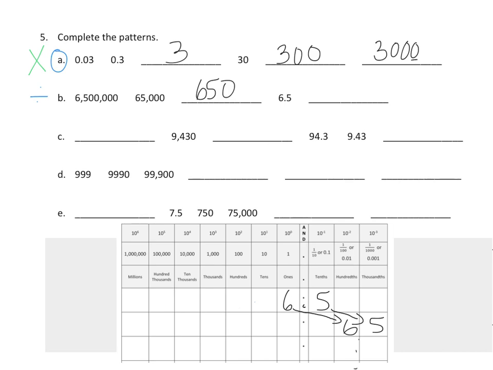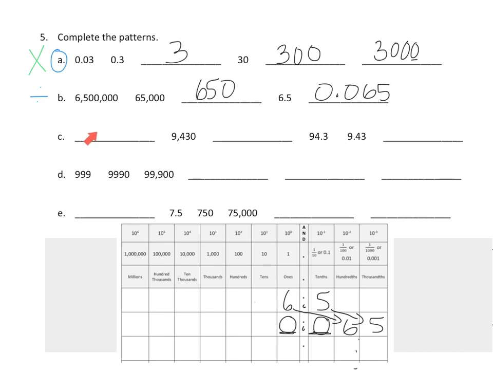There's no other numbers to move, so that means we have an empty box of 0 tenths, decimal point, and an empty box of 0 ones. So we have 0 and 65 thousandths.